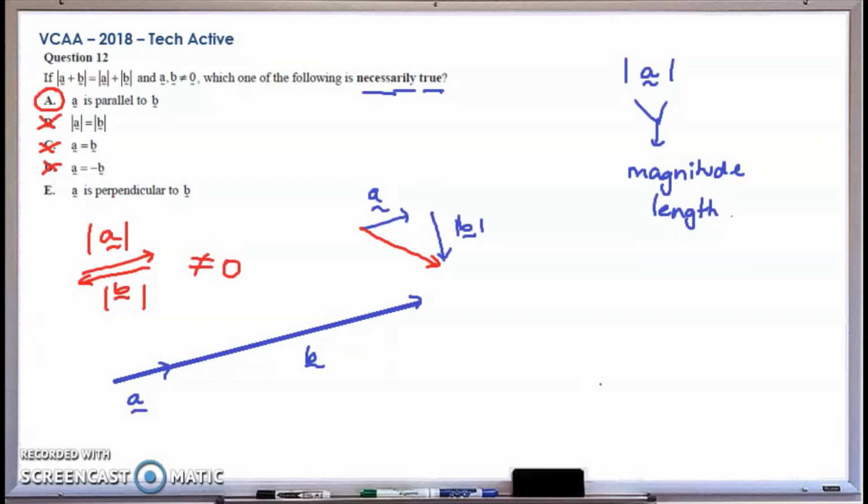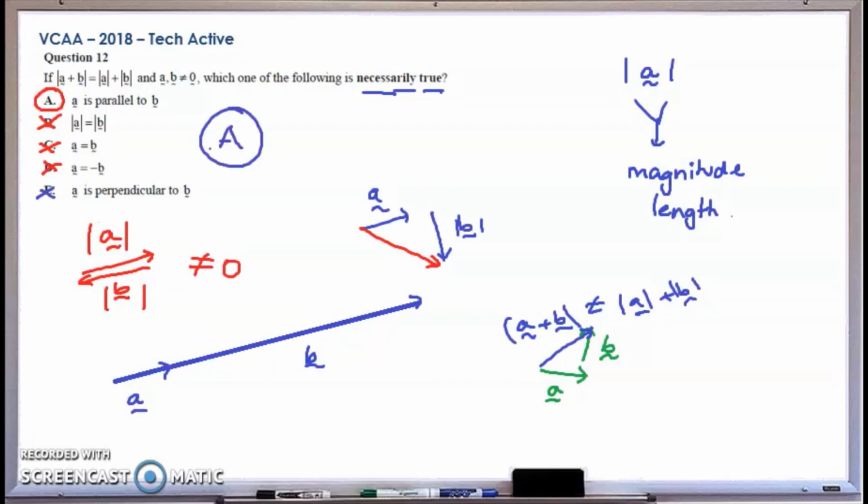And finally, the idea that A and B are perpendicular, if A is like this and B is like this, then when we add them, Pythagoras will tell us that the length of the hypotenuse, which is A plus B in this circumstance, will not equal A plus B in their lengths. So therefore E is not correct, which means the correct answer here is answer A.